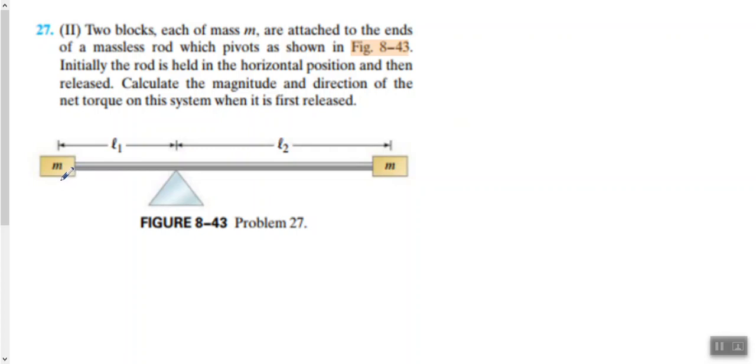So counterclockwise, clockwise. Let's call clockwise positive. The sum of the torque is equal to 0, so let's say clockwise is positive.